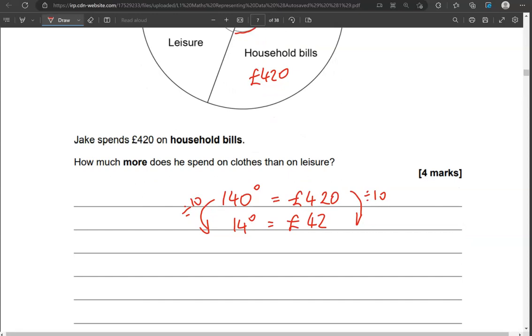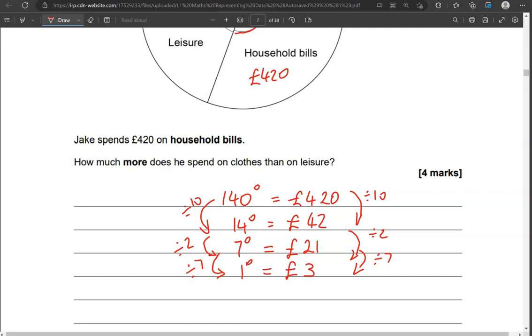I can now divide both numbers by 2. So I get 7 degrees equals 21 pounds. I can divide both numbers by 7. And I get 1 degree is equal to 3 pounds.